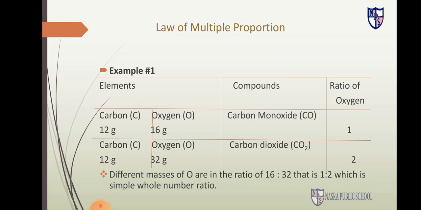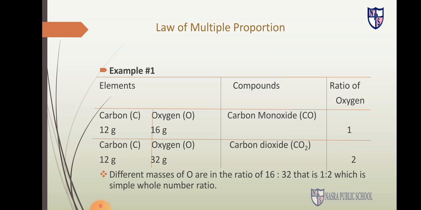So now we will focus on the ratio of masses of the element that has different masses. And here in this example, it is oxygen. Different masses of oxygen are 16:32. So the simplest or reduced ratio of 16:32 would be 1:2. So how would you get this simplest ratio?